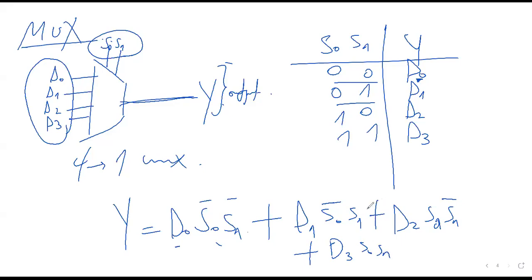So this is my output. In a case where the selector 0, 0 wasn't there, it means you don't have this term, and your output will be like this. In the case another one was not there, you have something like this. So this is the logic expression for a multiplexer.